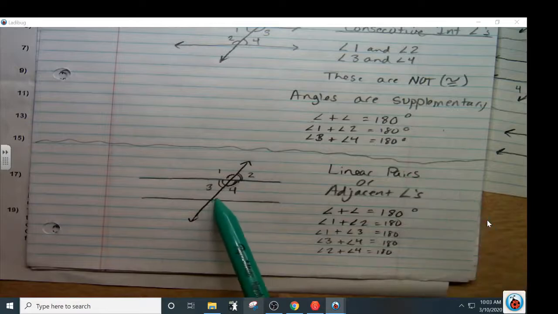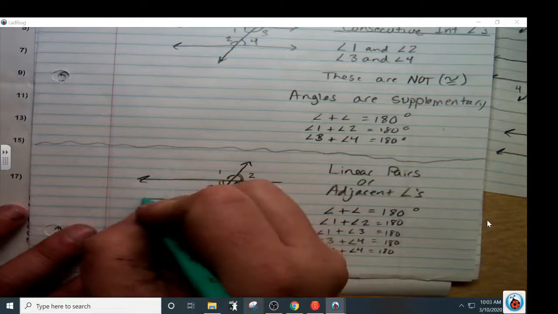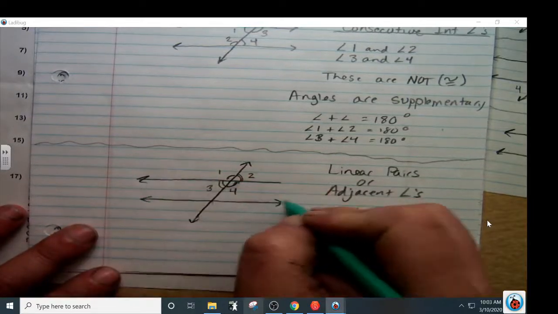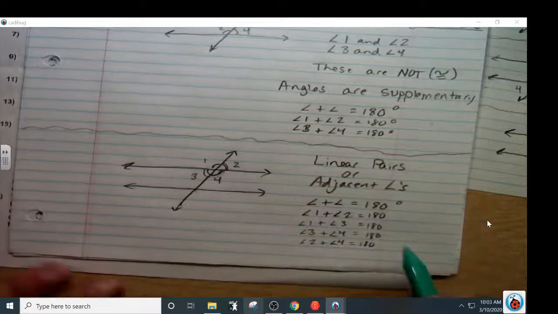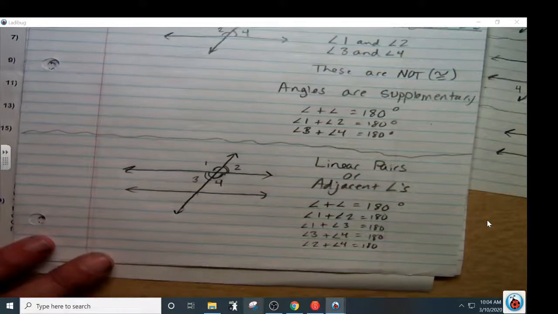You can keep labeling them down here and make them anything where two angles add together to be 180, or make a straight line. They are linear pairs. Okay.